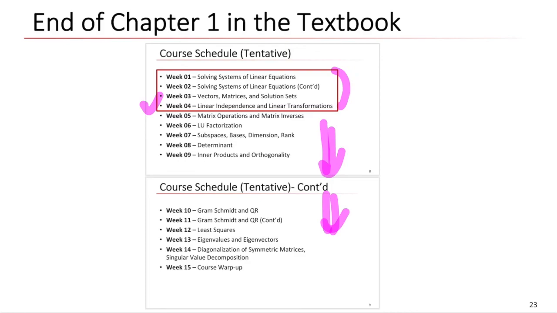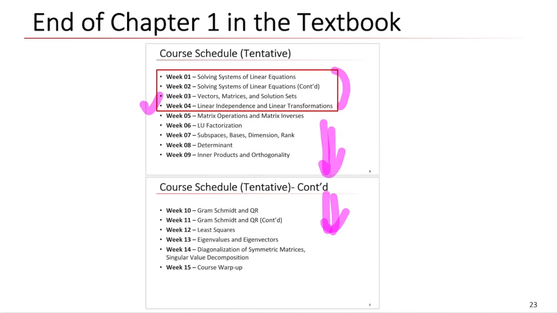So from now on, we will do more practical solutions in the matrix domain, something like the LU decomposition, Gram-Schmidt or the QR decomposition, or eigenvalues or eigendecomposition.